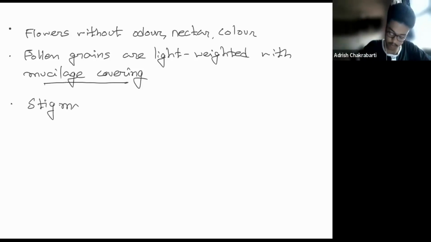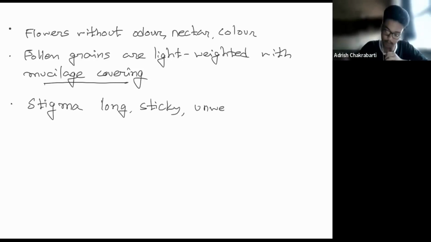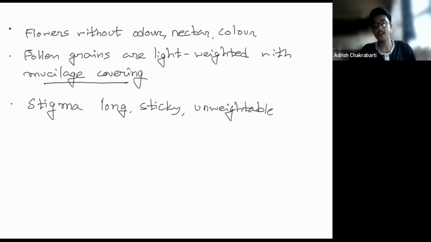Stigma is long, sticky, and unwettable. You can clearly understand it is long, sticky, and unwettable so that it enhances the capture of pollen grains. In this case the pollen grains are being carried by the water currents.